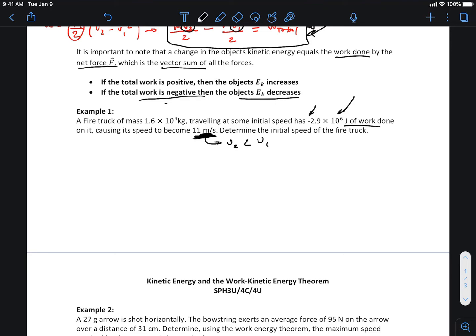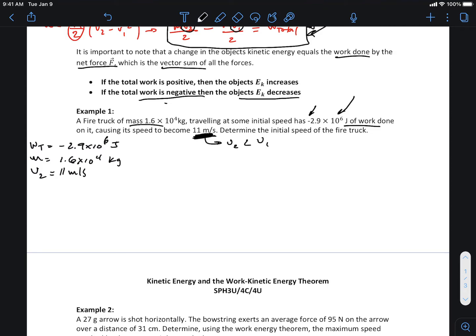Okay, so what I like to do is I just write down the information that I know, like usual. I know WT, the total work done, is going to be this negative 2.9 times 10 to the 6 joules. I also know the mass. Mass is 1.6 times 10 to the 4 kilograms. And I know V2, the final velocity, is 11 meters per second.